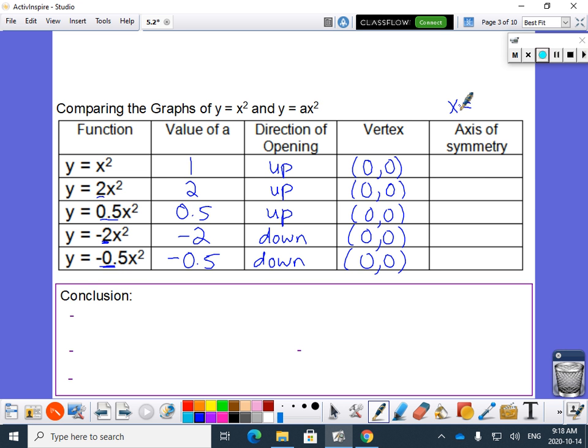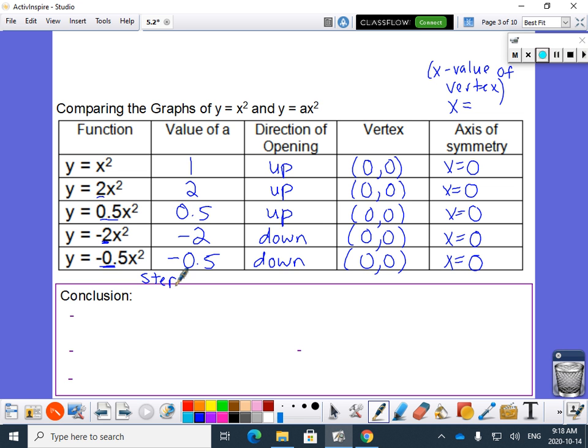So for all of these, x is going to equal what? Good job. Okay, I just want to add this in, too. So I'm going to just say x value of vertex.